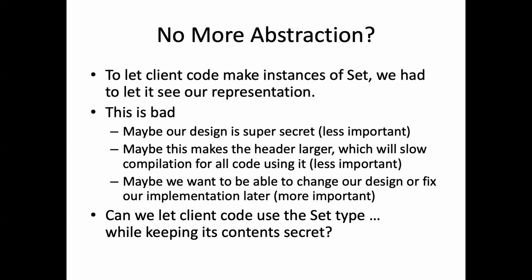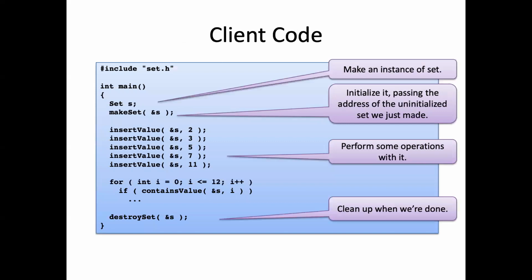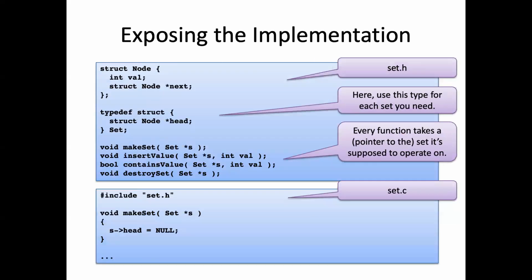That's less important. But that thing we already said, everything you put in a header is more expensive to change. If you change, like backing up here, and I said this before, if we wanted to change how node was represented, or we wanted to not even use a linked list, every piece of code that used the set would have to get recompiled. And imagine a lot of people are using this code.